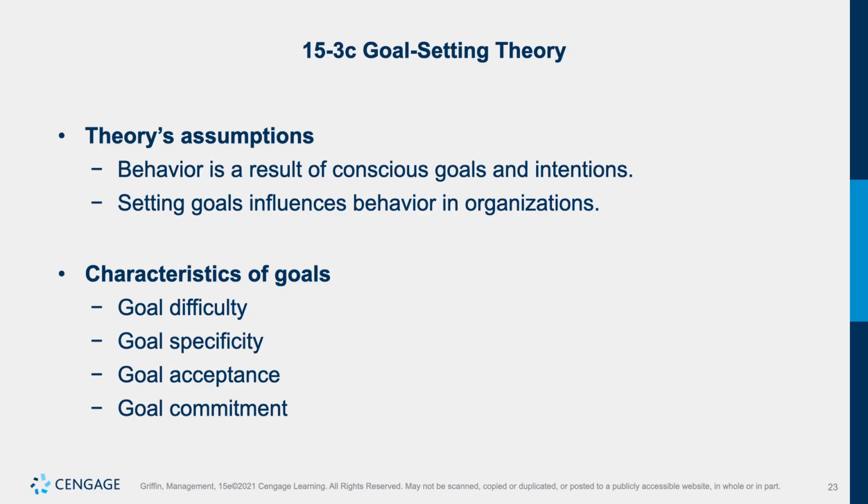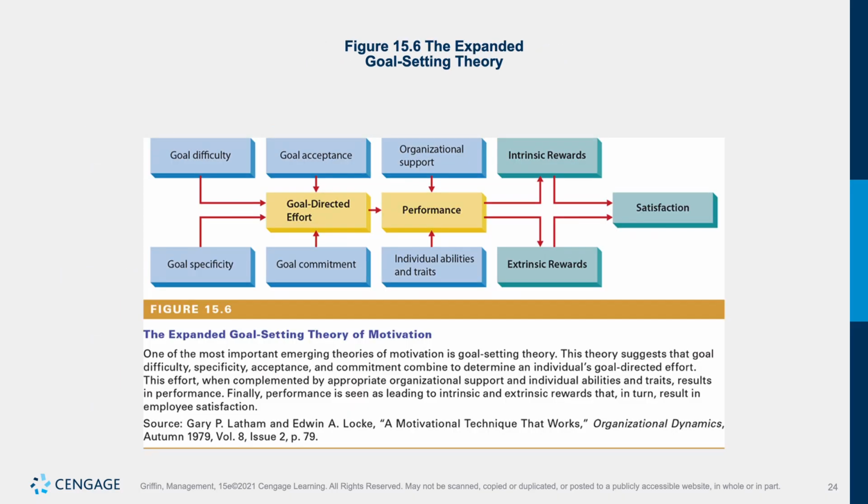Goal acceptance is the extent to which a person accepts a goal as his or her own, whereas commitment is the extent to which a person is interested in actually reaching the goal. The diagram on this slide is an illustration of the expanded goal setting theory we discussed earlier on, right?